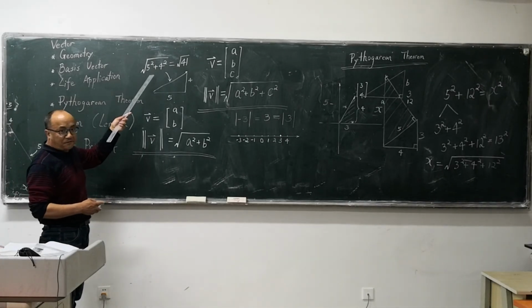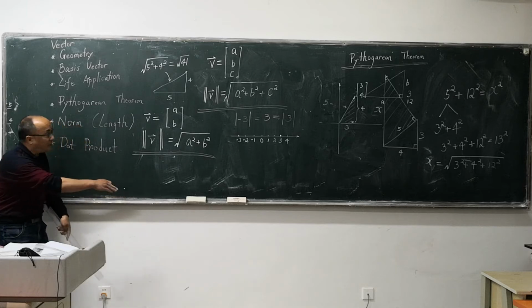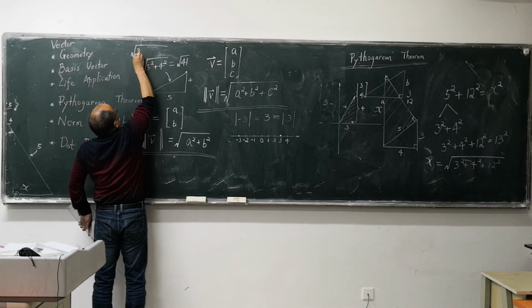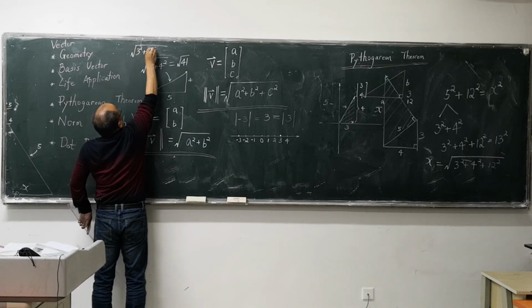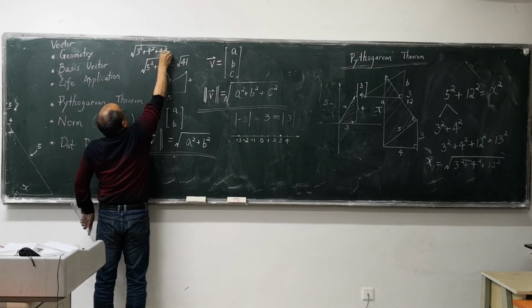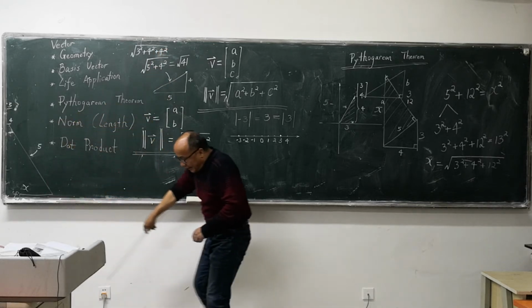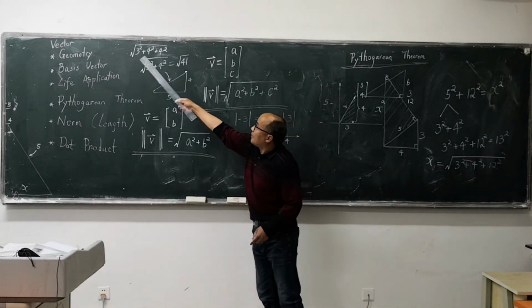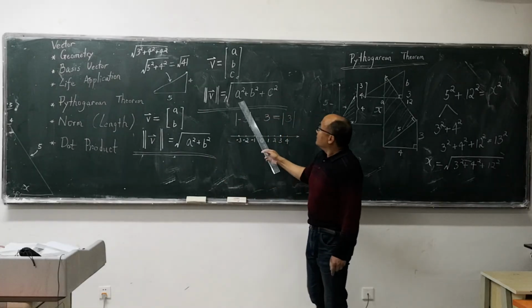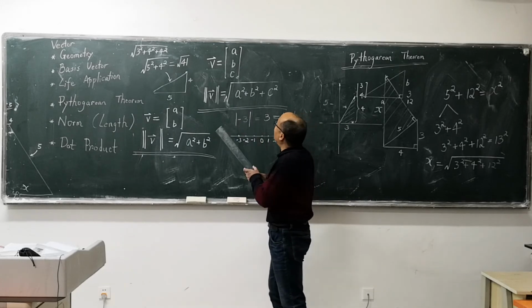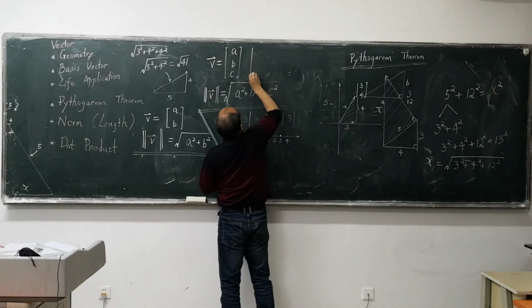And this 5 square actually is 3 square plus 4 square, so it is 3 square plus 4 square plus 4 square. Because 3, 4, 4. The parts are 3, 4, 4.